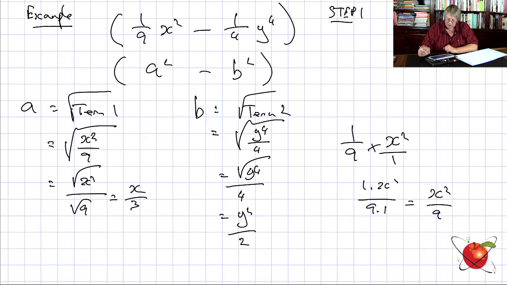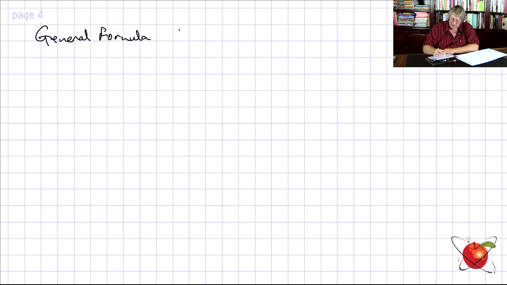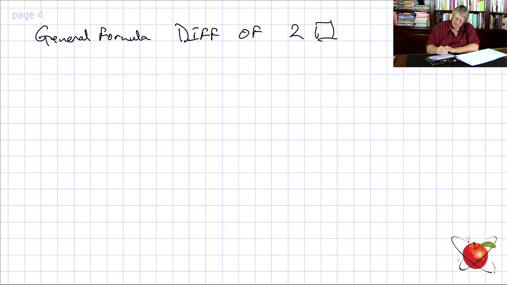Okay? So what do I do next? Well, quite simply, now there's a specific formula. This is the general formula for difference of two squares, right? It looks like a squared minus b squared.